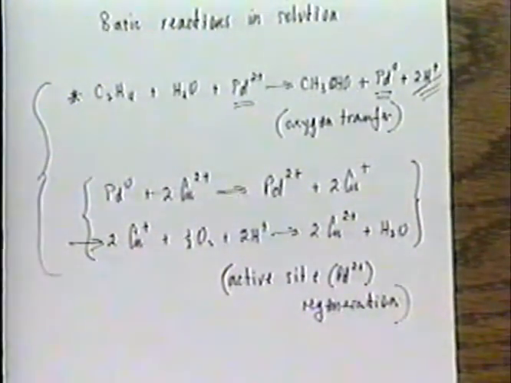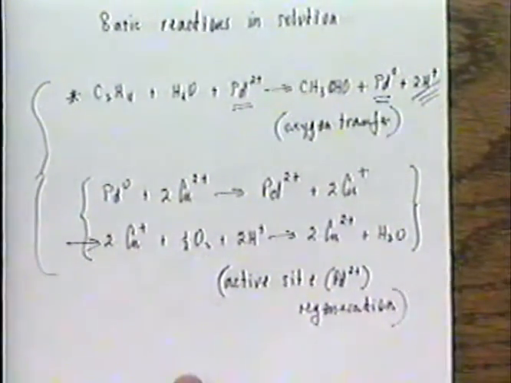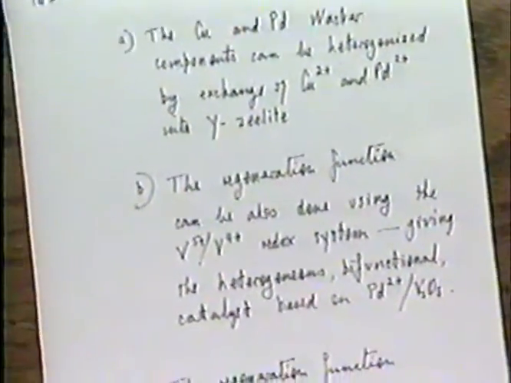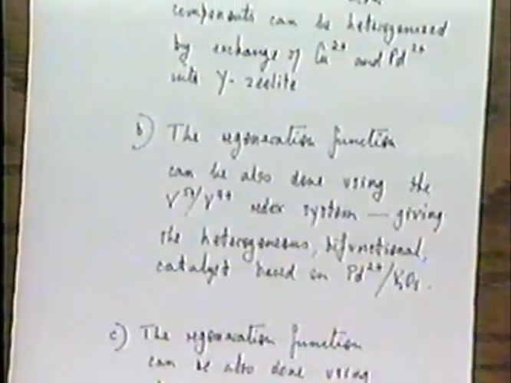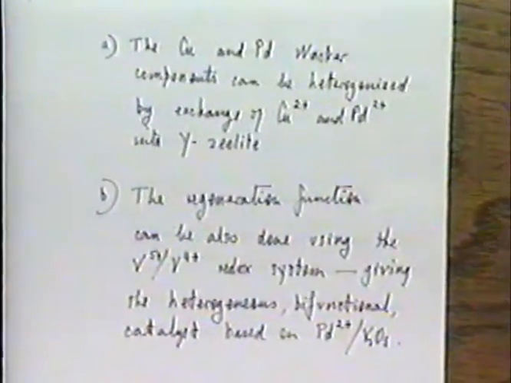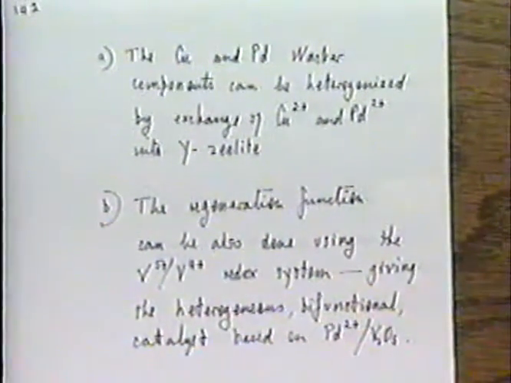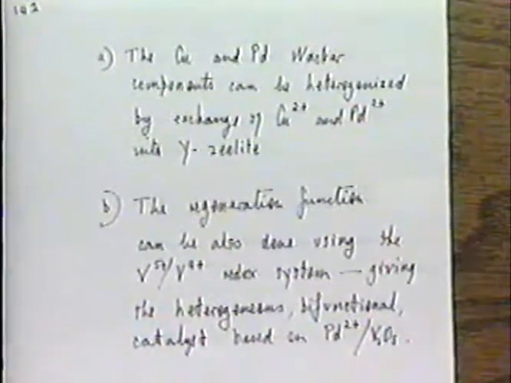And as pointed out in the next sheet, you can in fact even heterogenize that Wacker process by, instead of working with copper ions in solution, working with copper ions that are exchanged into a zeolite, in which case it functions as a heterogeneous catalyst.